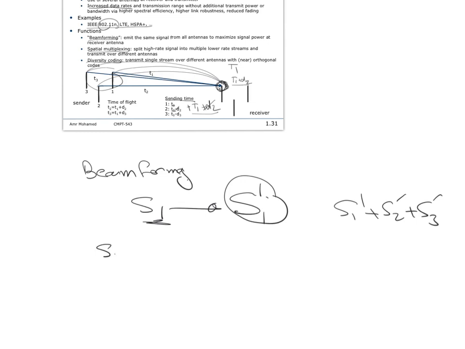I get S1, and instead of transforming S1 to S1 dash, I don't do this. I do S1 times code 1. That's why it's called diversity coding. S1 times code 1 plus S2 times code 2 plus S3 times code 3.